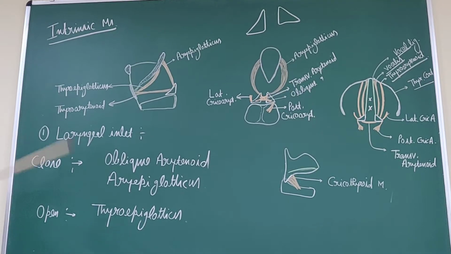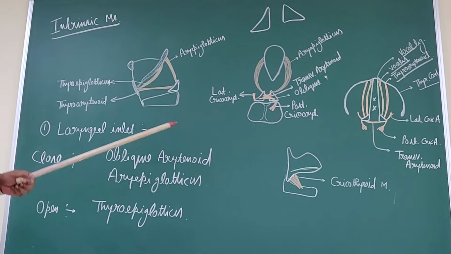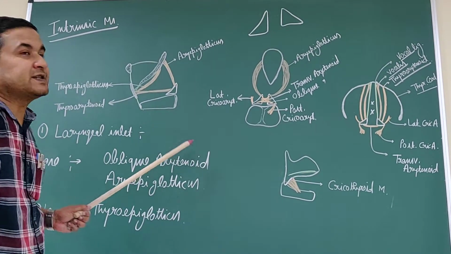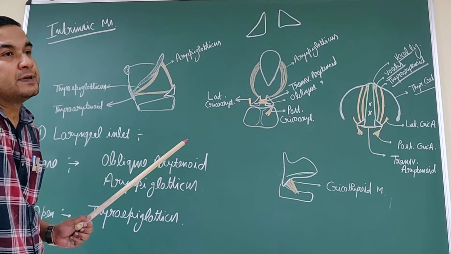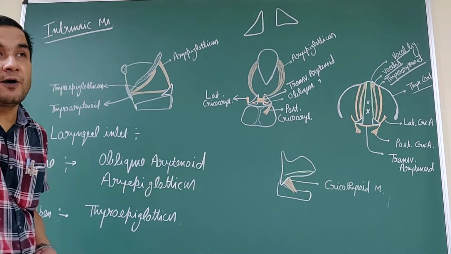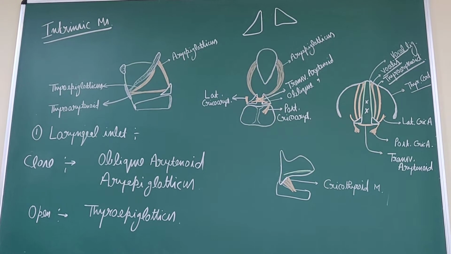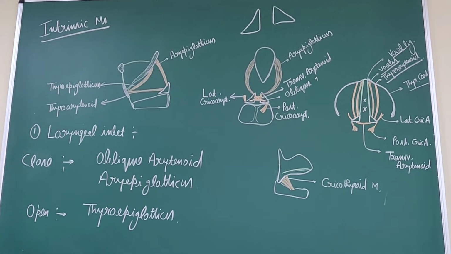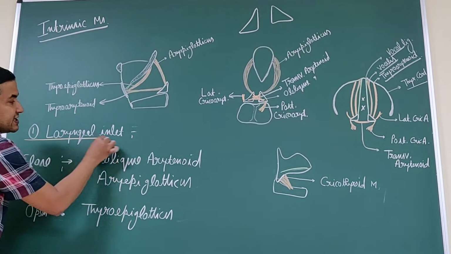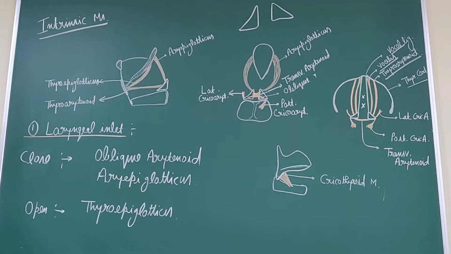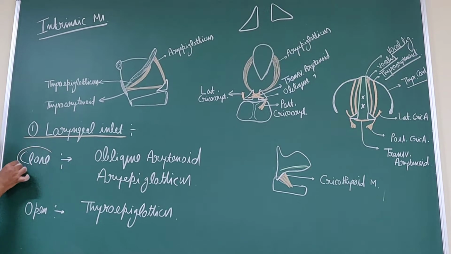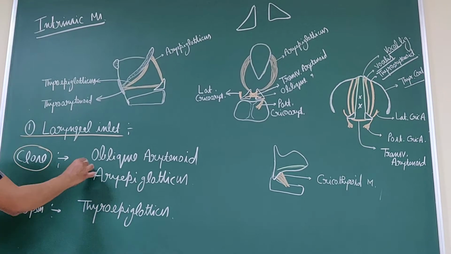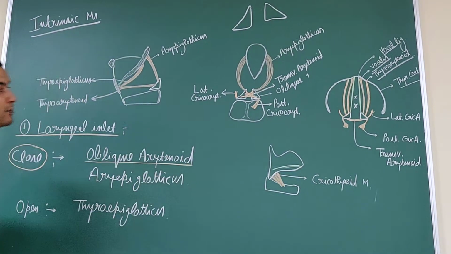Now the intrinsic muscles. We will not discuss the origin and insertion, since the attachment is indicated by the name of the muscle. As we discussed earlier, these muscles act on the laryngeal inlet. First, the muscles that close the laryngeal inlet: the oblique arytenoid.